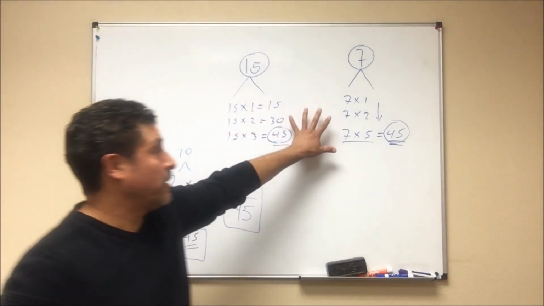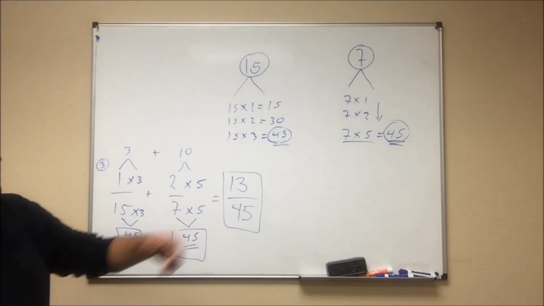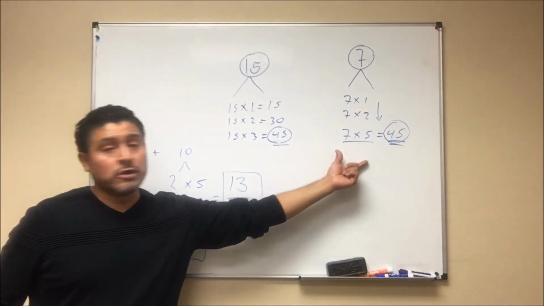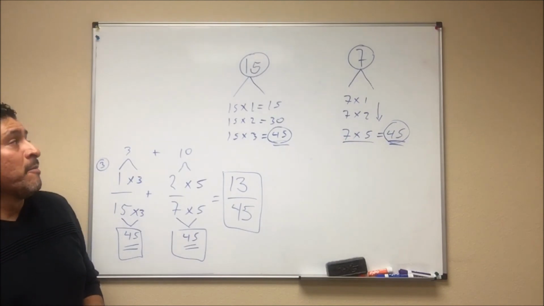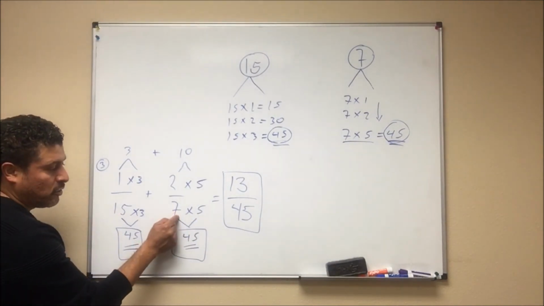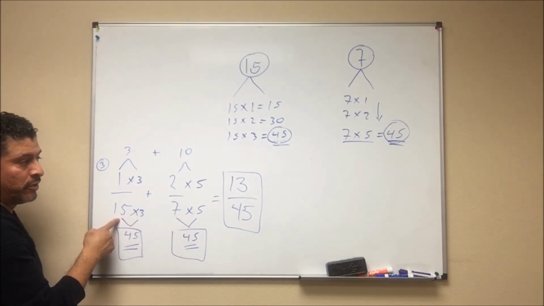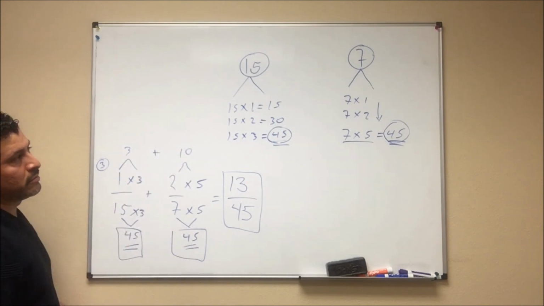And this is how you find common multiples. You can either use your multiplication tables or you can draw a tree. But always check if the smallest number is a multiple of the biggest number before you continue with this process here.